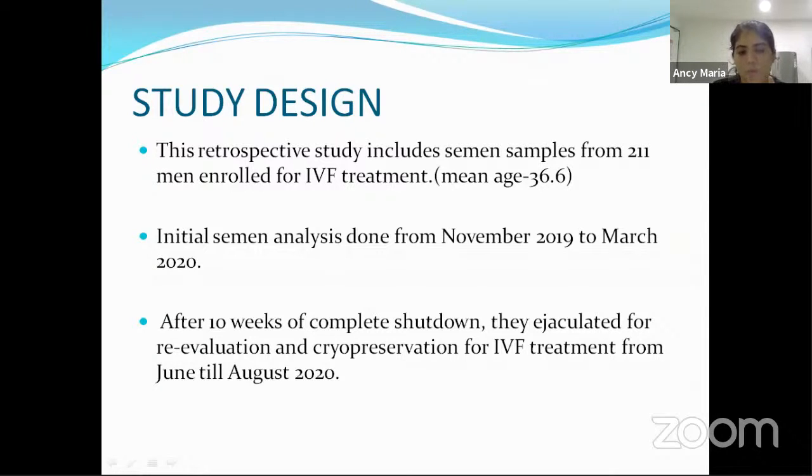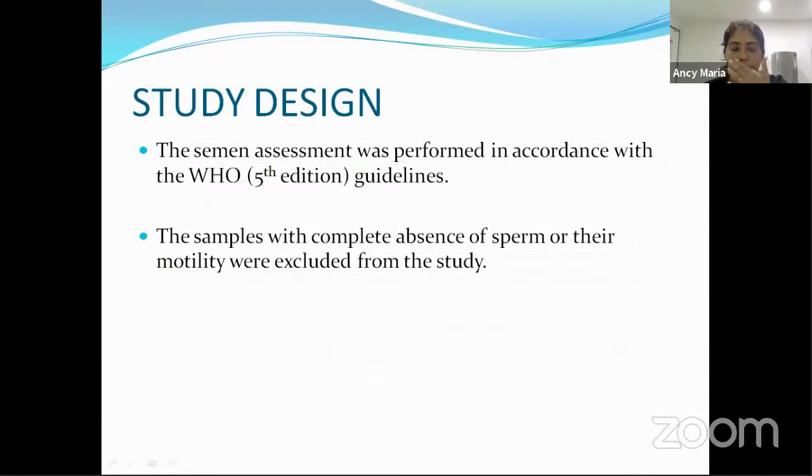After 10 weeks of complete shutdown, they came to the center and ejaculated for re-evaluation and cryopreservation for the treatment during June to August 2020. The semen analysis was done in accordance with the WHO fifth edition guidelines. Now we are following the 6th edition, but at that time it was the 5th edition.